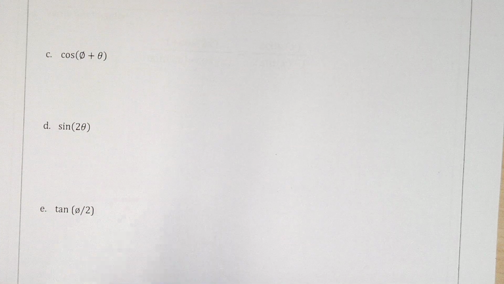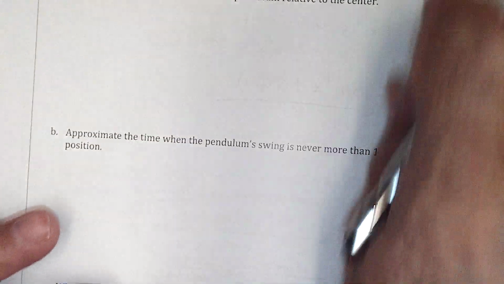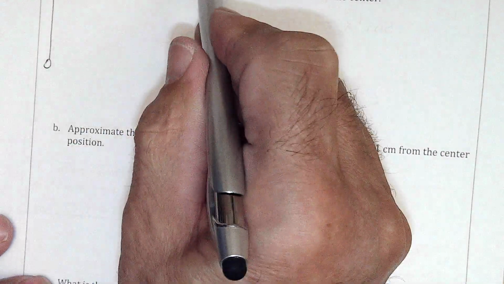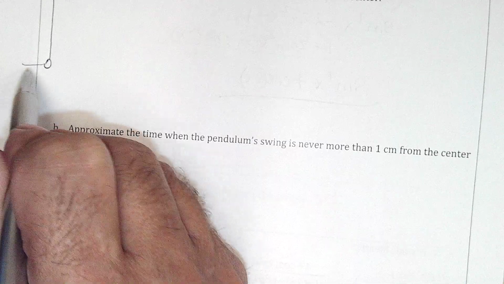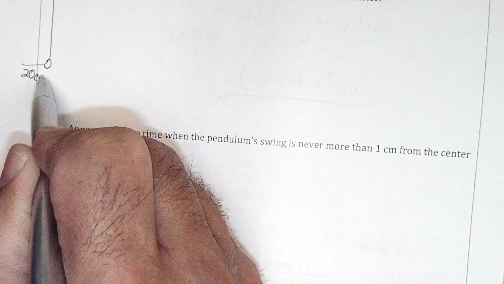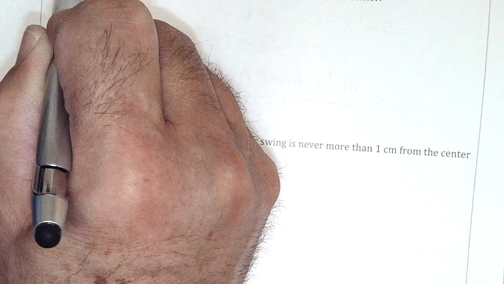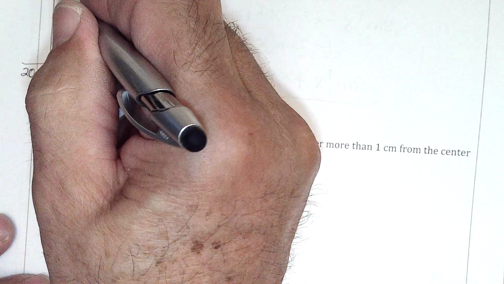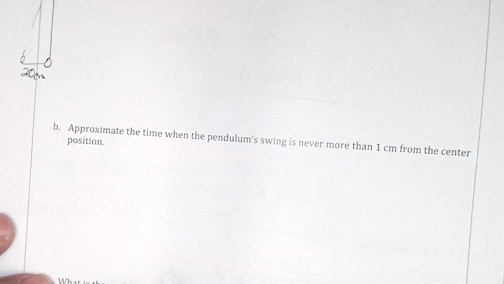And finally, the back page. A pendulum is pulled to the left 20 centimeters. So it's fastened to the ceiling or something there. So it's hanging out here and let go at time 0.